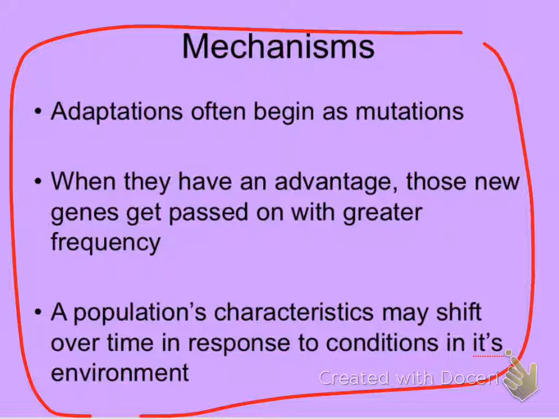And generally, the shifts in characteristics are a response to conditions in the environment. There's a big food source, big beaked birds are advantaged. Little beaked birds die. It all depends on what the environment rewards.